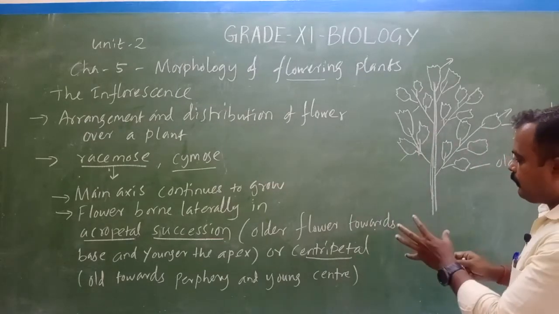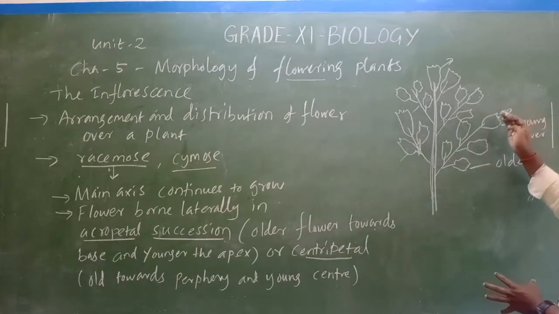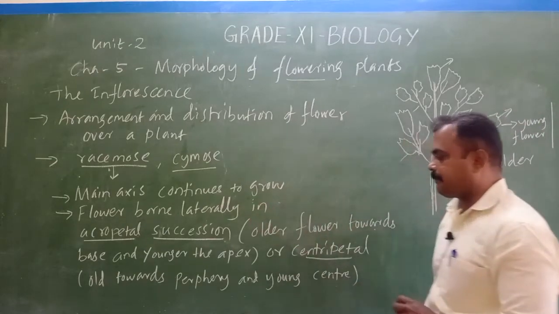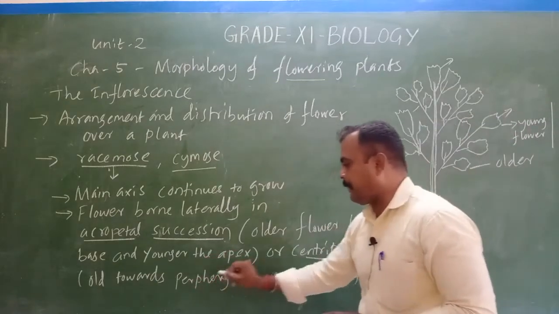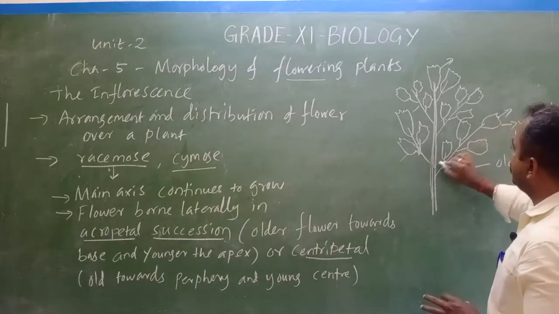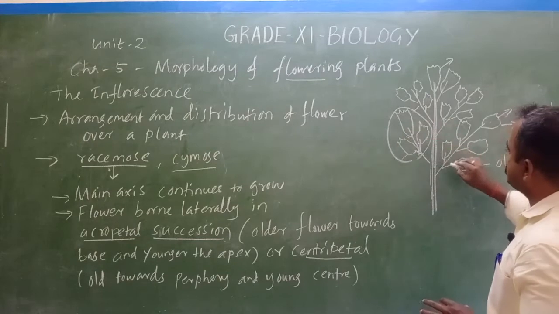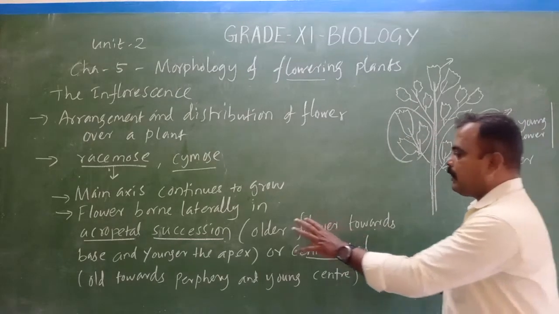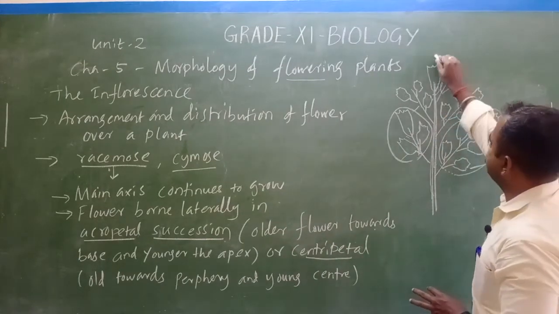If older flowers are towards the base and younger flowers at the apex, that is called acropetal succession. Sometimes old flowers are towards the periphery, on this side, where all these branches are old, and the young one is in the center.